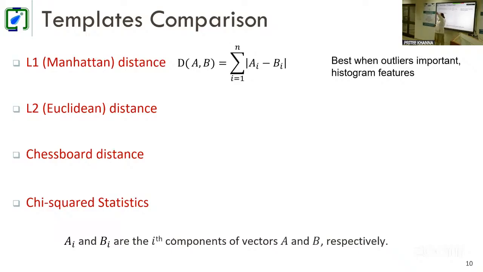Just take the difference between the corresponding pairs and add it up. That is how you get the L1 distance, and it is important for outliers. For those who have done image processing, histograms are very important features, and they are very simple, and they serve well for many applications.